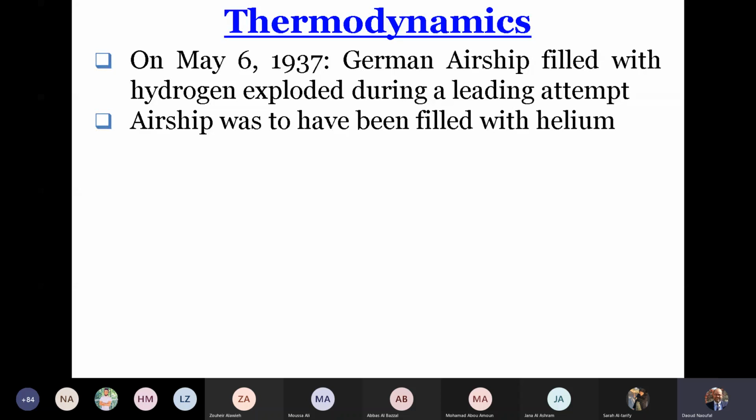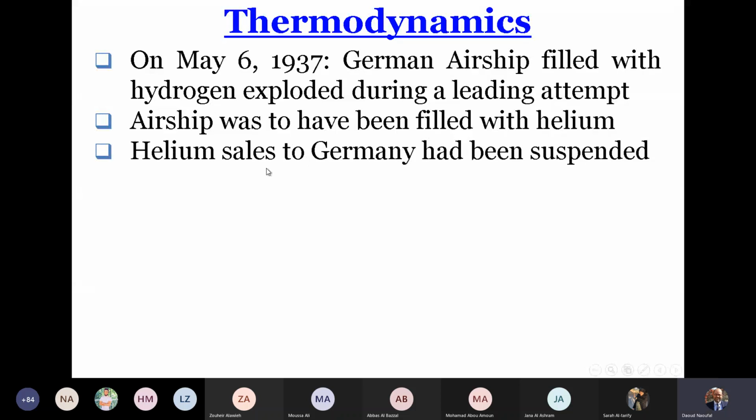But the airship was to have been filled with helium and not with hydrogen. The helium sales to Germany at this time had been suspended. For this reason, instead of using helium, which is a light gas, the Germans used hydrogen.